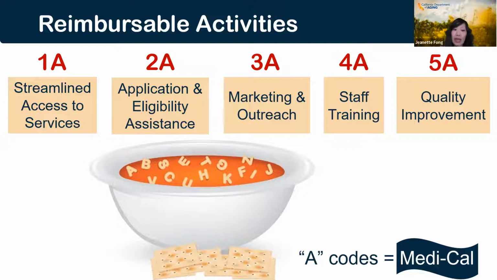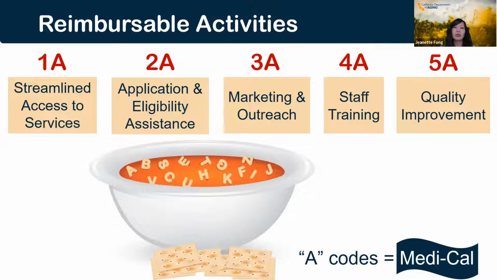Now, code 2A. Code 2A is specific to applications and eligibility assistance. So you want to use this code when you're providing application assistance to help someone determine eligibility for Medi-Cal programs or services. Maybe you're helping someone who is not on Medi-Cal apply for Medi-Cal.